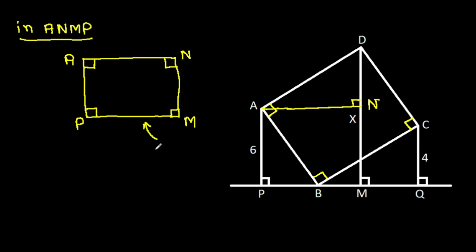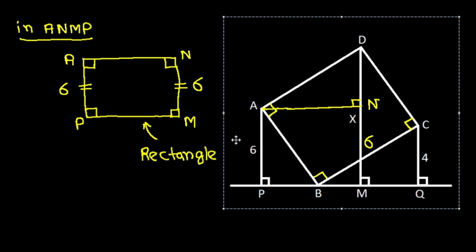That means it will be a rectangle. So AP will be equal to NM, and AP is 6. So NM will also be 6. NM is 6.